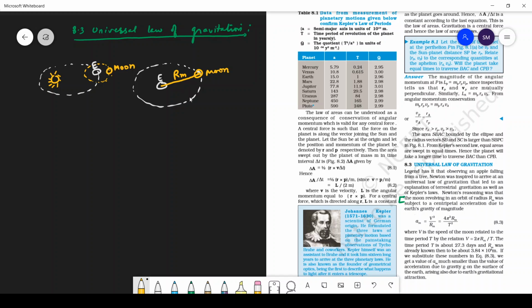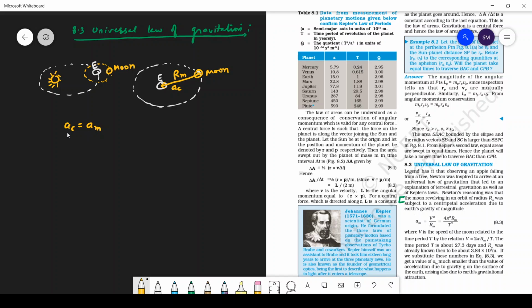So the moon in the orbit is subject to the centripetal acceleration. So the centripetal acceleration, center seeking acceleration, this is AC, due to Earth's gravity. So what's the value of AC? We know the value of AC. So here we are writing the centripetal acceleration of the moon. Who is accelerating? Moon is accelerating.